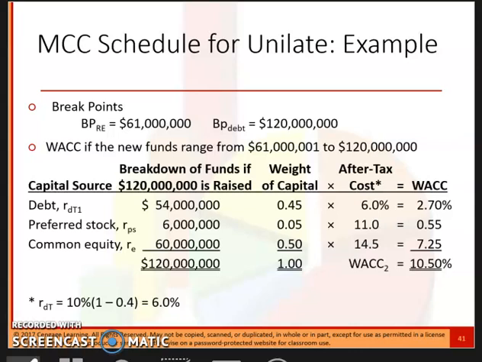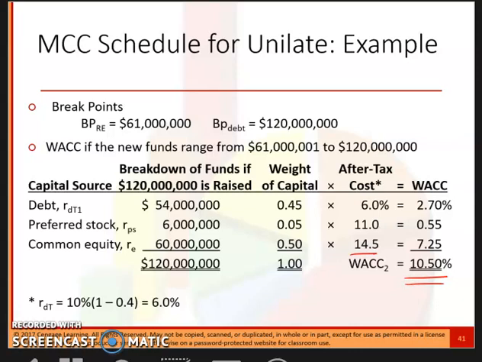So the debt's not going to change as long as we're less than 120 million, and the preferred stock isn't either. So those don't change, but common equity goes up because that's in excess of the 30.5 million. So it goes up to 14.5. So that raises our weighted average cost of capital to 10.5%.